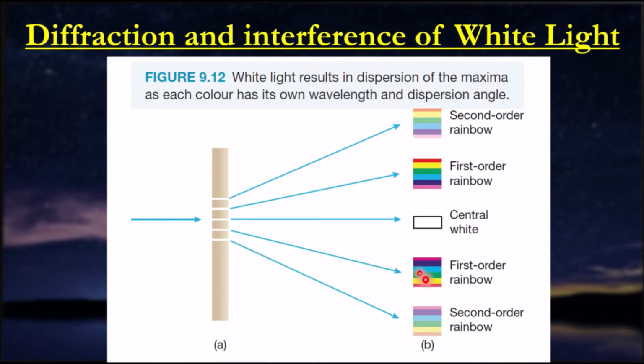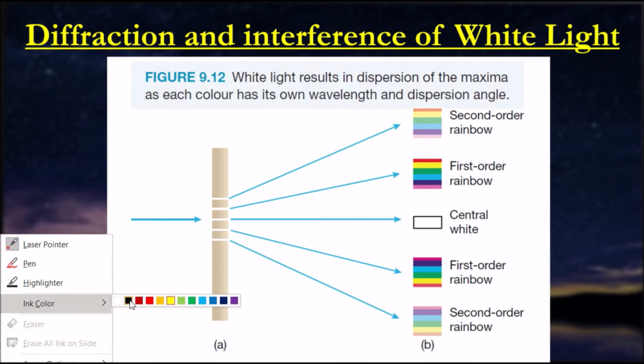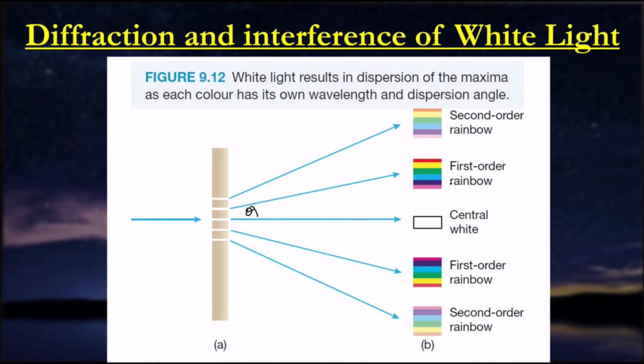Remember, when we see this rainbow color, that's because of constructive interference for the particular colors of the same type. We have violet here, blue, and then red, which makes sense because this image matches the calculations we just did. The angle for the blue light from the center was smaller than the angle produced by the red light. That's consistent with what we said.